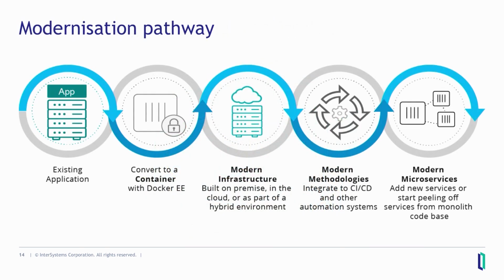This gives us a modernization pathway: we come from an existing application, convert it to a container, and that allows us to use all the modern infrastructures, all the cloud providers, and all the modern methodologies with automation systems. And we can start using the microservice architecture, which is described again in a separate session.